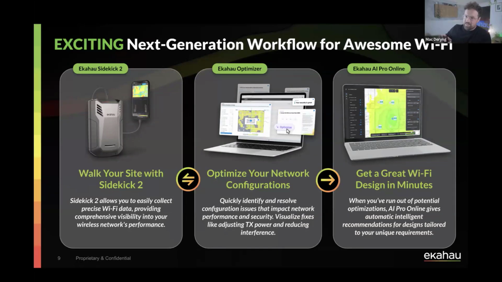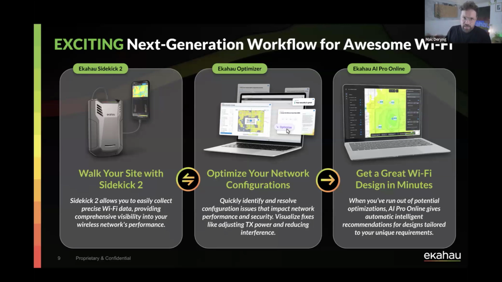Totally. So guys, just to re-emphasize what Vlad has said, everything we do now is based ideally on survey measured data. If you have been around wearing your Sidekick 2, and if you have that measured data, you can use it to not only optimize your existing Wi-Fi network very, very easily.